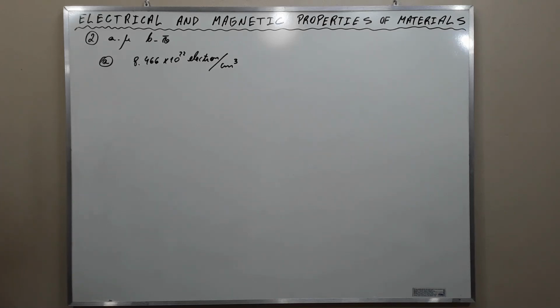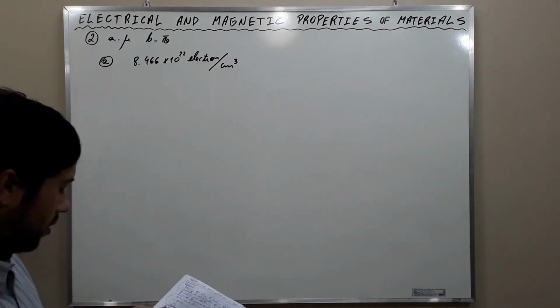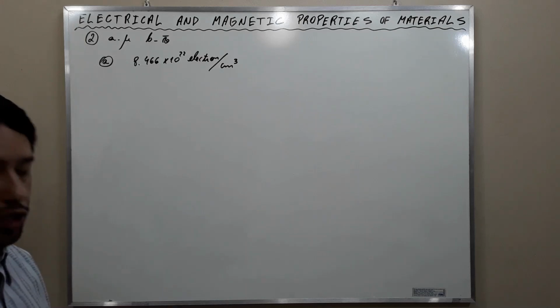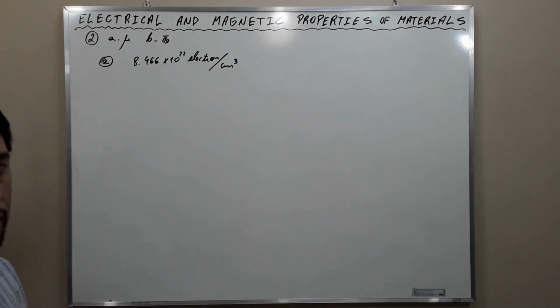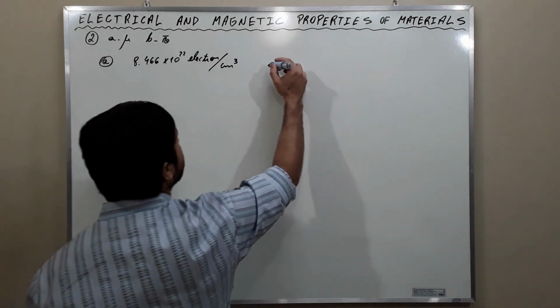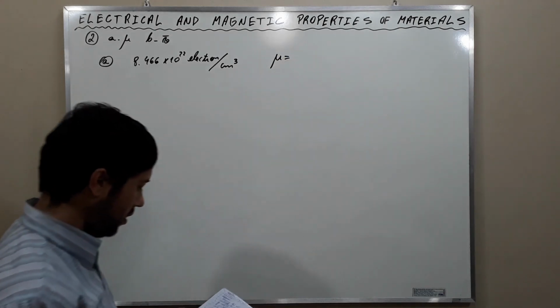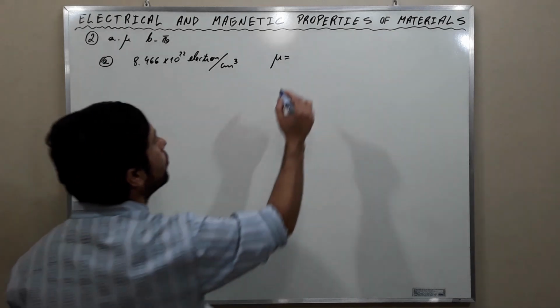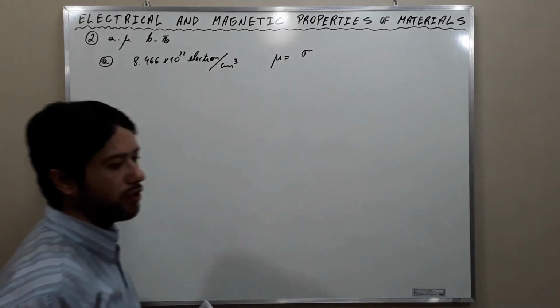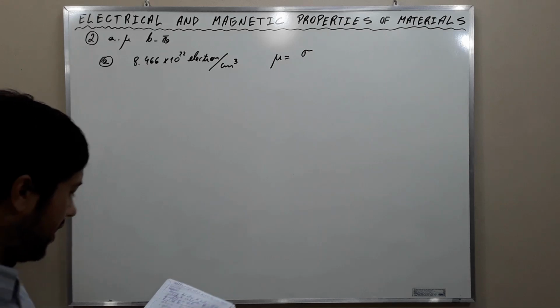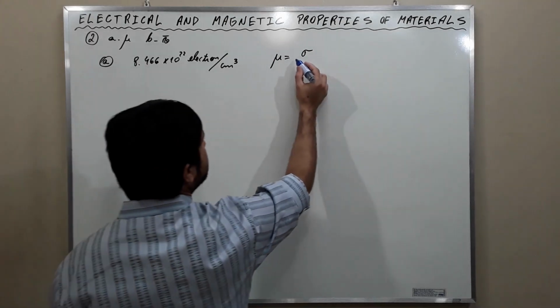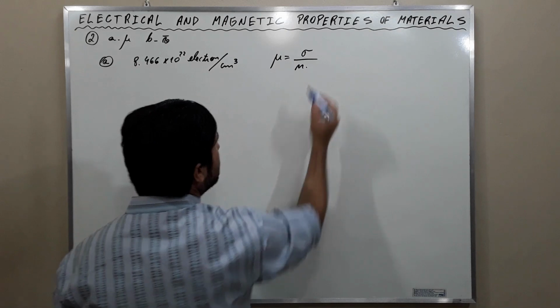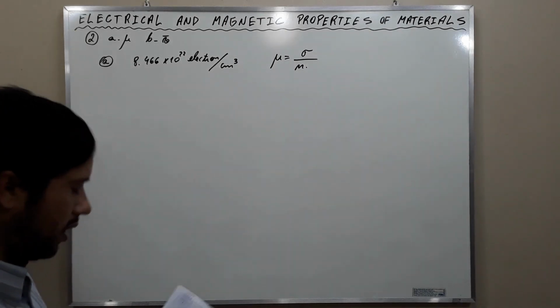Since the mobility of electrons in copper depends on its conductivity and the electron charge, we can use this expression here. Mobility is equal to the conductivity of the material divided by the number of electrons times the electron charge.